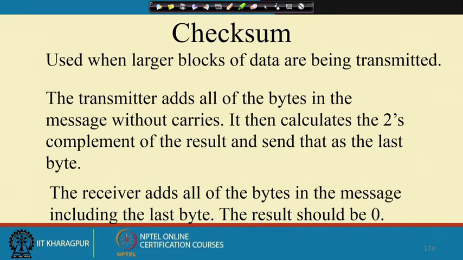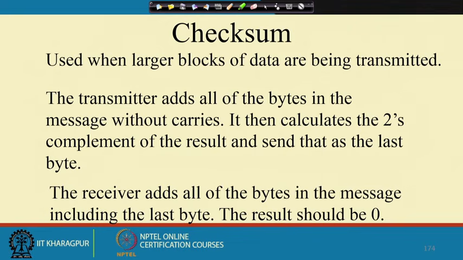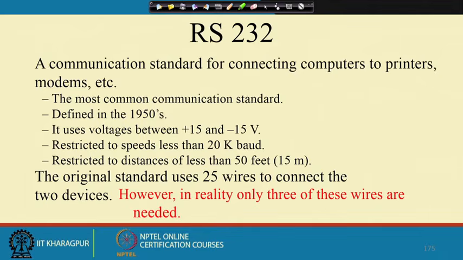At the receiving end, it will again calculate the sum of all the bytes including the last byte, and since the 2's complement was taken, the result should be 0, because that is the negative number. So the receiver can simply check whether the sum of all the received bytes along with the last byte is 0 or not. That way the checksum can be used.